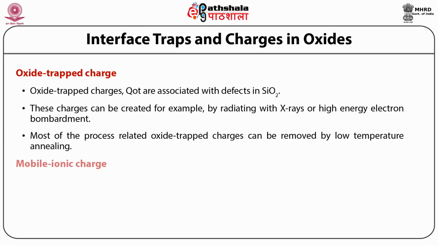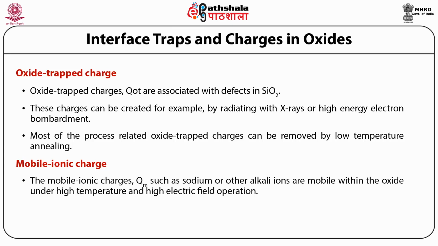Next is the mobile ionic charge. The mobile ionic charges QM, such as sodium or other alkali ions, are mobile within the oxide under high temperature and high electric field operation. It may cause stability problems in the device.